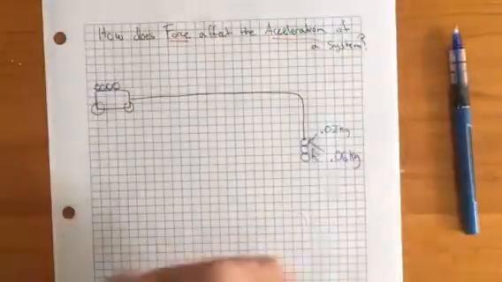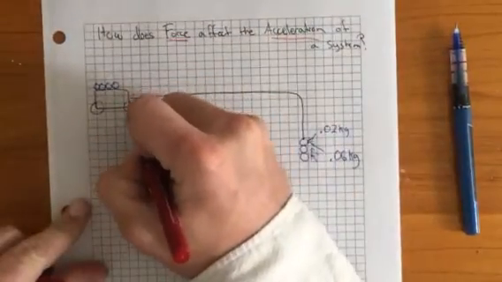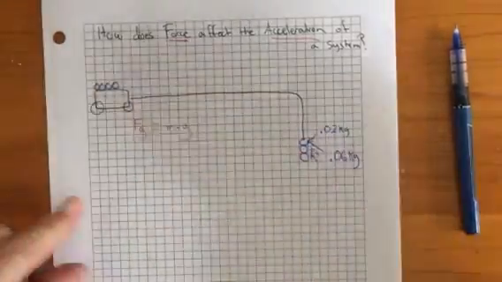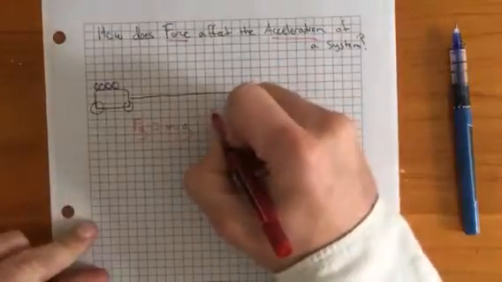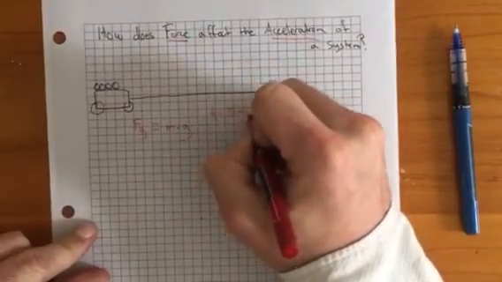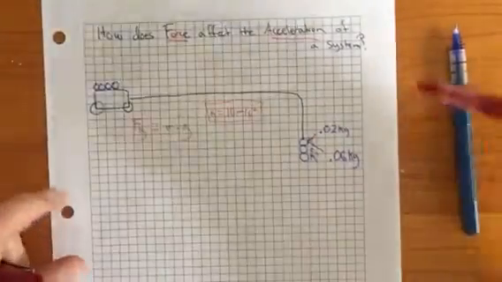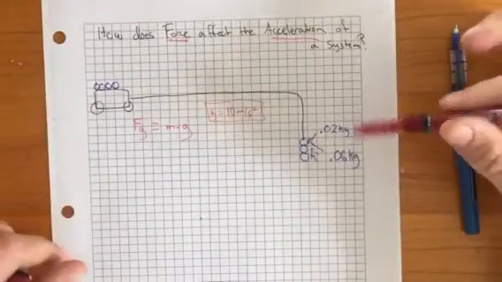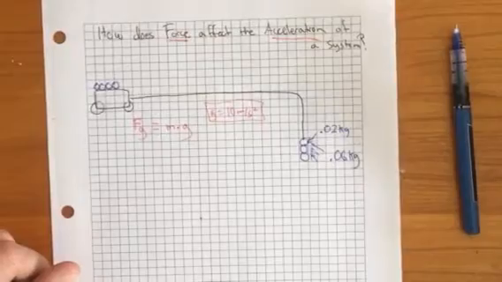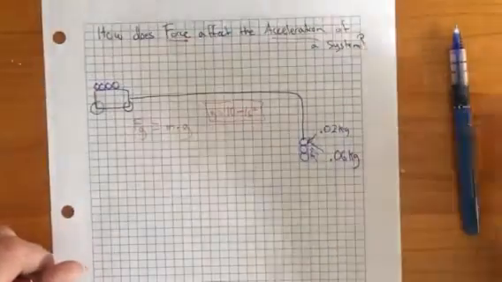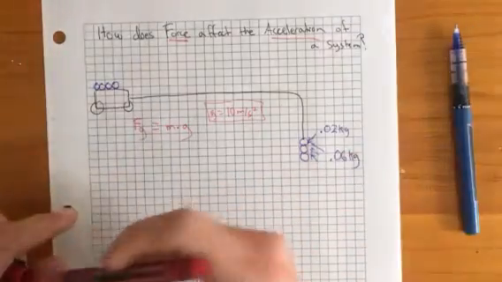Well, we know this formula. You can recognize this formula. The force of gravity equals mass times the acceleration due to gravity, little g. Let's just call little g 10 meters per second squared, just to make our math easier. So if we have a mass of 0.06 kilograms, what force is that applying to the system? Well, it's applying the force of gravity to the system.